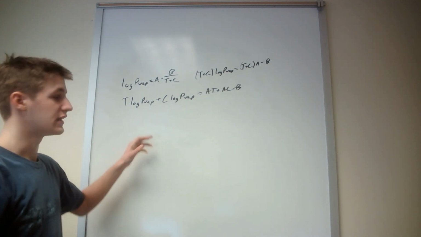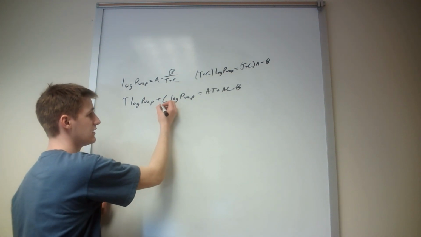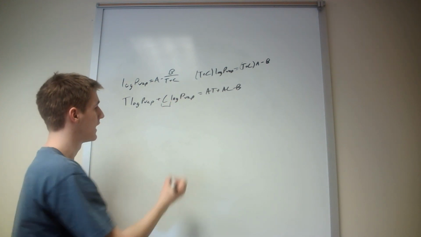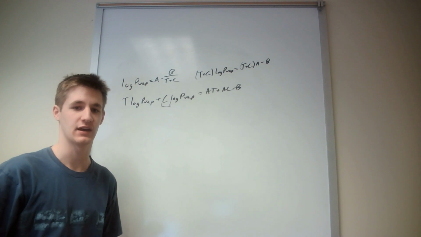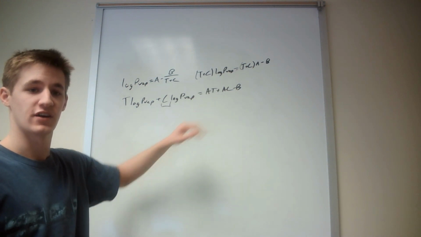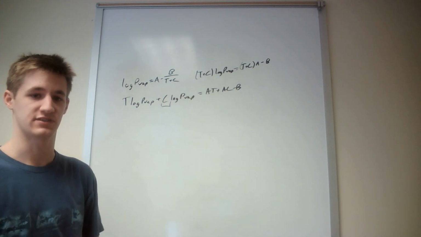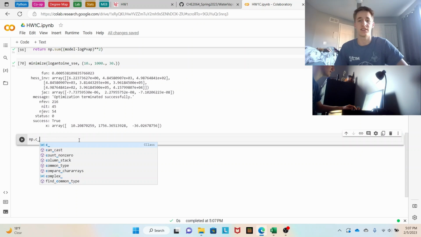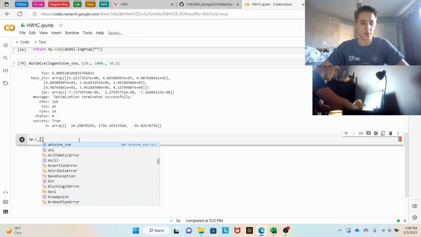Now, here we have an equation, but we can see that we have one of our terms we're solving for, our C coefficient, on the left side, separate from these other Antoine coefficients. So for this next section, we will be using our decision matrix to solve for the Antoine coefficients. Right, so we had our matrix, and we will go ahead and write that in as np.c_, followed by our matrix.